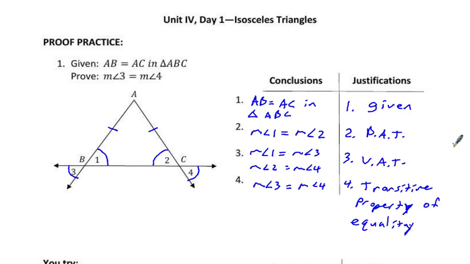These proofs I've helped you by giving you a bank of justifications and or conclusions, really trying to help scaffold you into being able to solve the proofs on your own. So take some time individually or with a partner trying to work through those problems at this time.